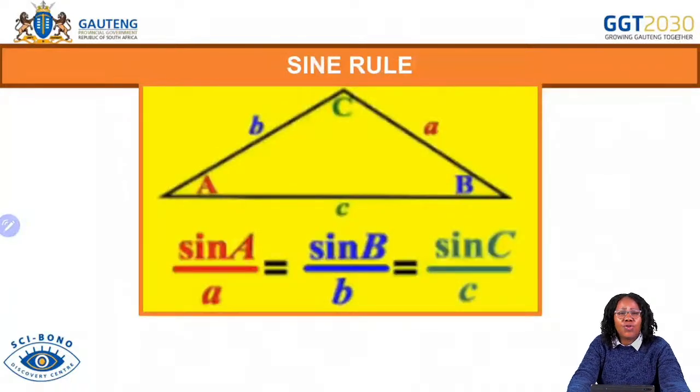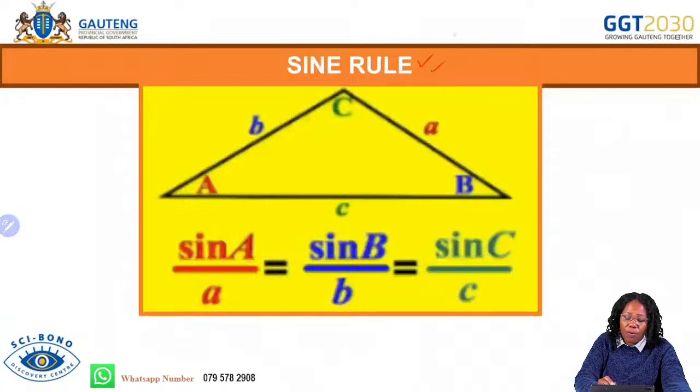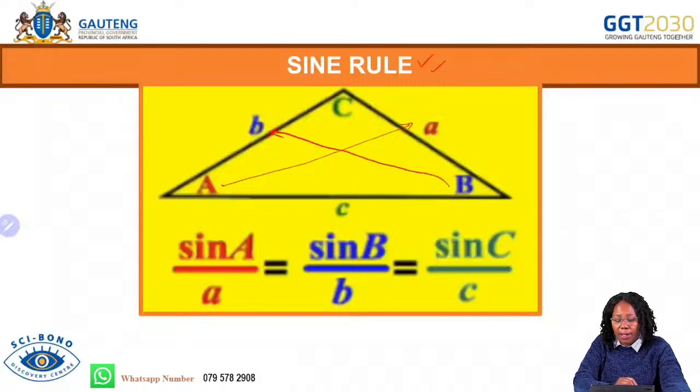And then we have the sine rule, cosine rule, and the area rule, which we apply with 2D and 3-dimensional problems. With the sine rule, you will be given a triangle like that one. The side that is opposite angle A will be side a, the side opposite angle B will be side b, and the side opposite angle C will be side c.